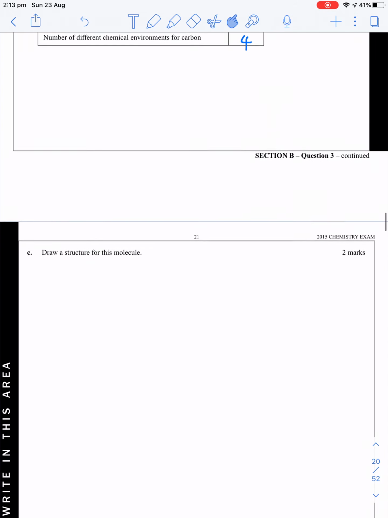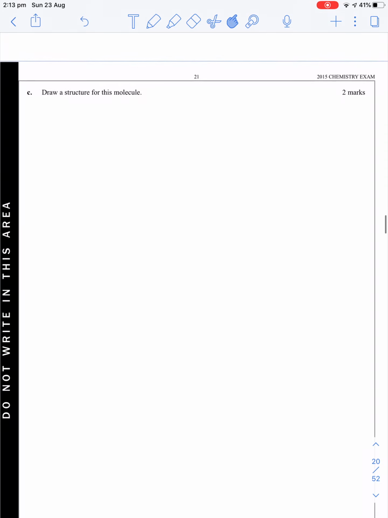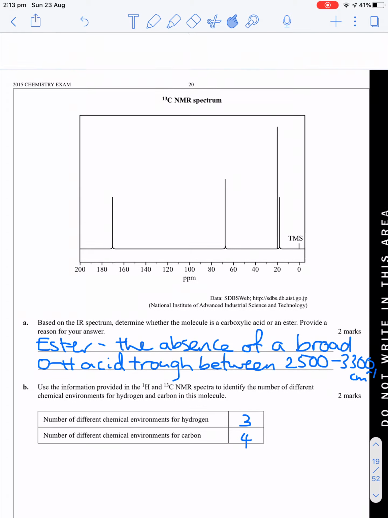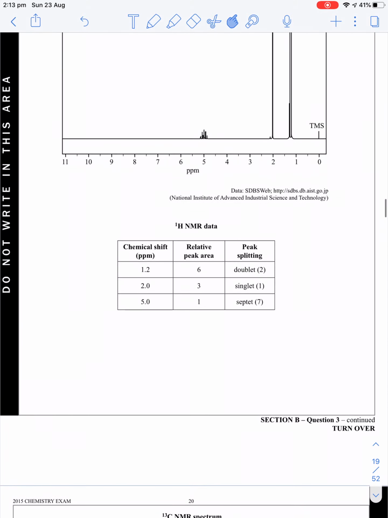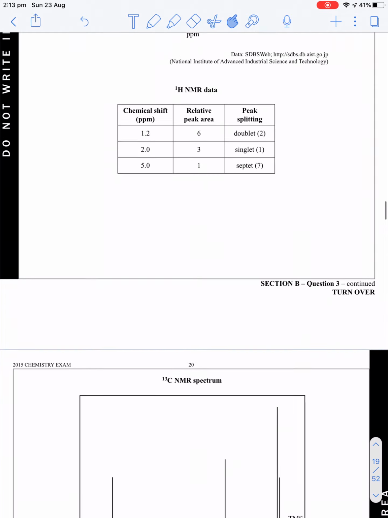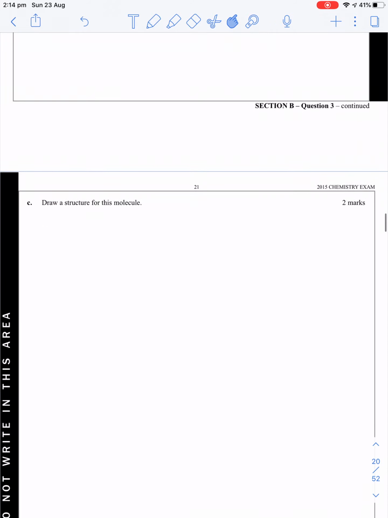Moving on, now we have to do the final thing, which is draw the structure of this molecule. Now I can use the splitting patterns from the HNMR to figure out what I have where. The first thing we have to do, it is an ester, so I would go ahead and just draw in the ester group anyway, and then work around that to make my life a bit easier.